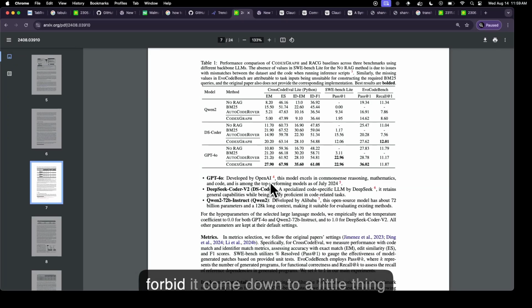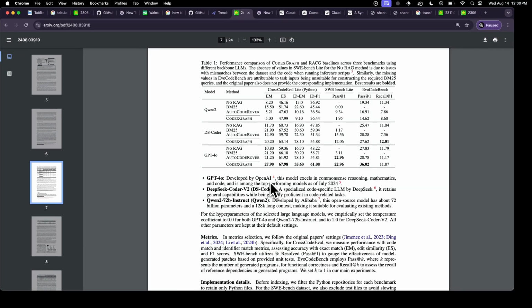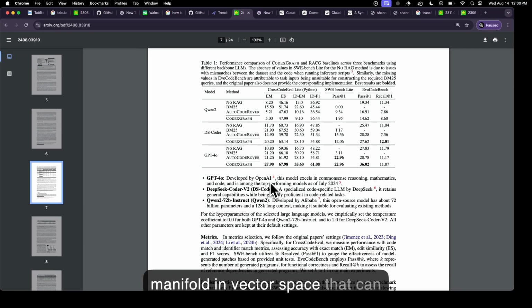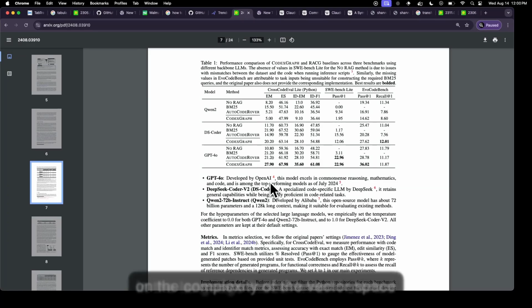And heaven forbid it come down to a little thing like the softmax algorithm interacting with the algorithm for a hyperdimensional language manifold in vector space that can have anywhere from 100 to thousands of dimensions, depending on the complexity of the vector space in the language model.